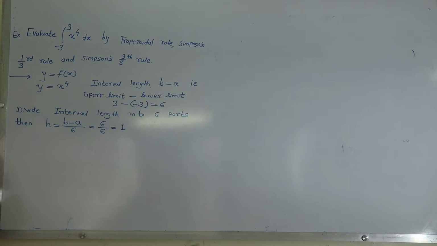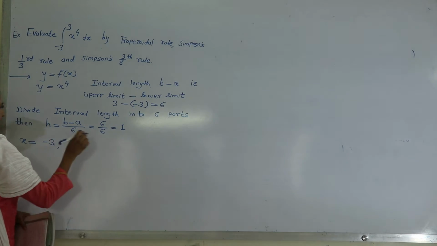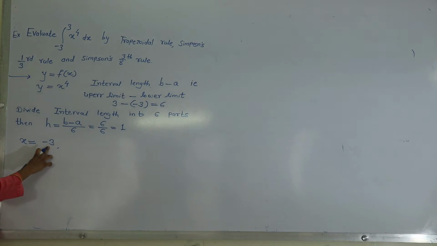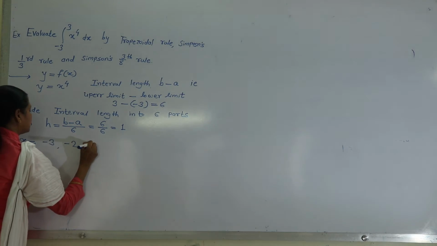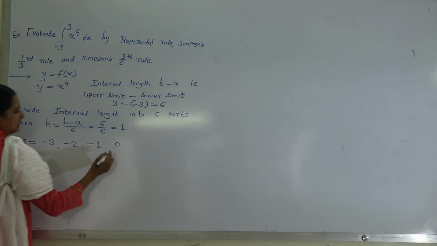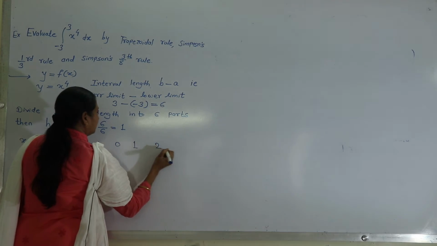H is 1, meaning the first starting value of x is -3, then the difference should be 1. H means the difference between these values of x: -3, then -2, next -1, next will be 0, increasing by 1, then 1, 2 and 3.